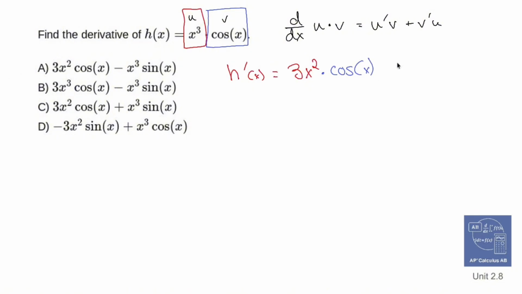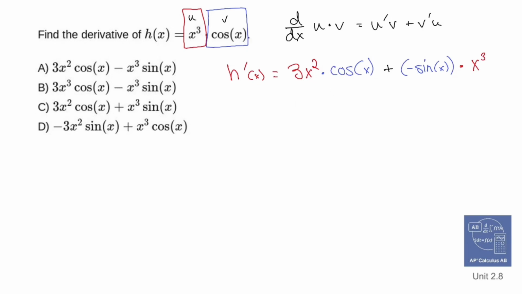Then we add the derivative of the second guy, the derivative of cosine, which is negative sine x, like so. And then you keep the first guy as is, so times x cubed.